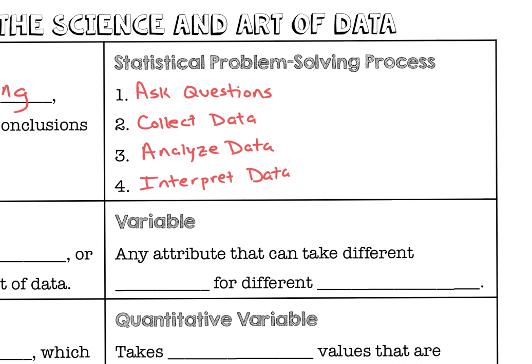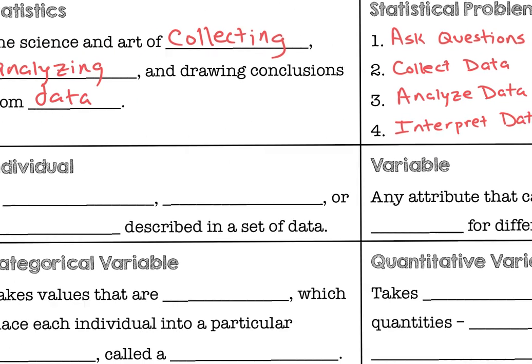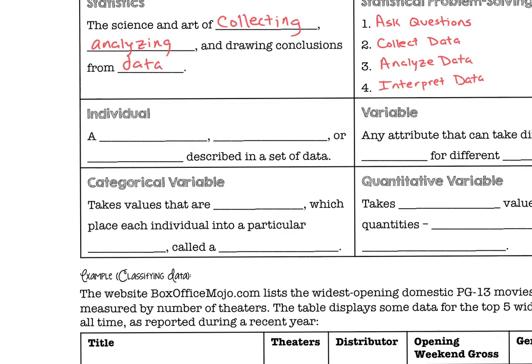Okay, so when you start your statistical problem solving, you start researching, most of the time what you're going to do is look at an individual or a group of individuals. And what an individual is nothing more than a person, animal, or thing described in a set of data.